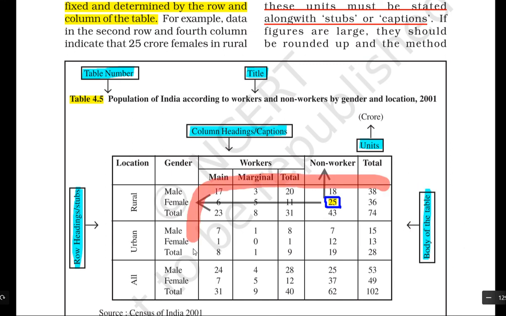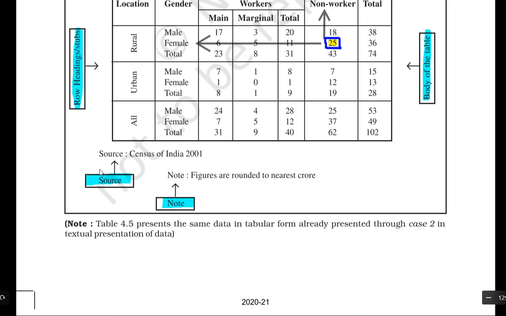So all these parts of the table show the body of the table in which the data is presented. Another, last, is the source from where this data was obtained. You have to provide it in the source. It is obtained from the Census of India of population. And the last, you have to provide the notes if you think that this figure needs some more explanation. So you can write here the notes. Figures are rounded over.